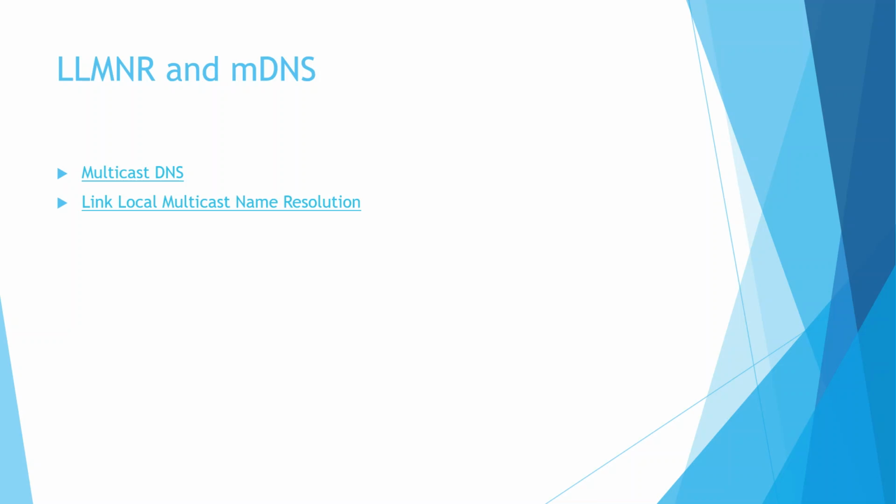And then there's link local multicast name resolution, which is interesting and a little bit frightening from my perspective as a security person or as an incident responder. So I definitely recommend you take a look at these links, specifically link local multicast name resolution.